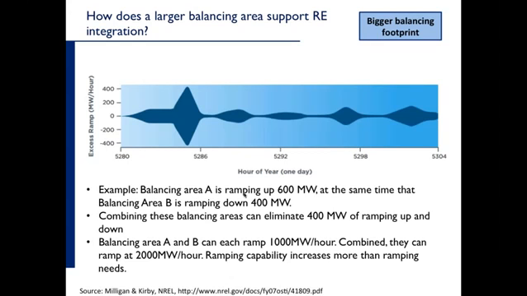We've eliminated 400 megawatts of the up ramp in area A. At the same time, we've eliminated the 400 megawatt down ramp in area B. And so we have reduced the ramping requirements by simply pooling these two areas into a single operating region, or combining their dispatch in some way. And we're going to be talking about alternative ways that you could combine the dispatch. So that's a really powerful thing.